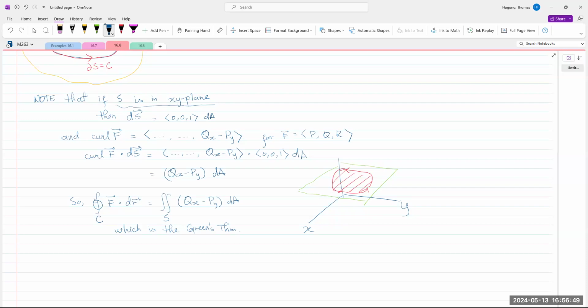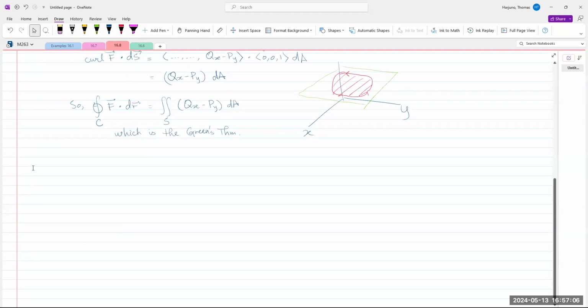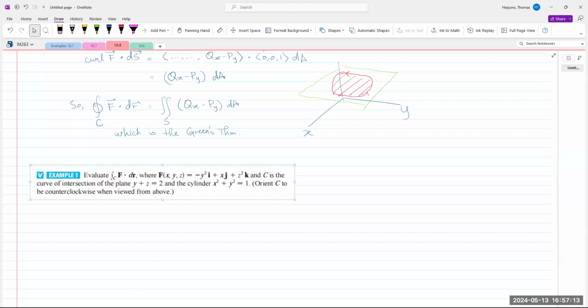Now let's do some examples. I will pick two examples from our textbook. And of course, even though I say that I go over the textbook, I want to give more details or intuition into the question. So let's say we have this example here, and this is our picture.